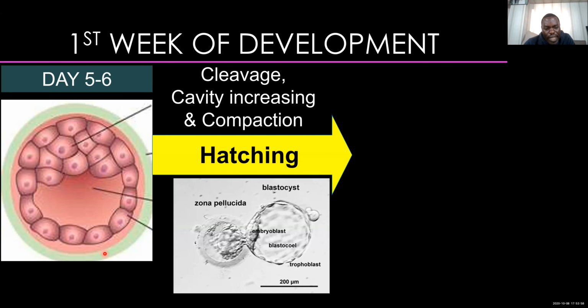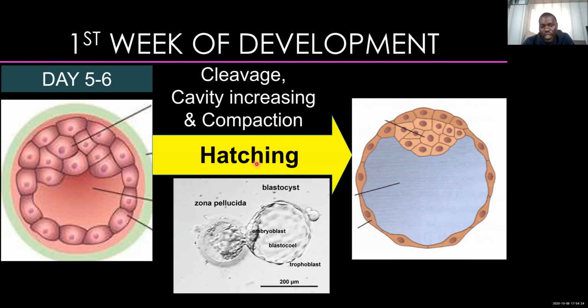And what happens next is that the blastocyst will come out through that defect. As you can see here, this is a small blastocyst, but it was fitting this whole mass. But there's a break there, so this whole mass is coming out in a process called hatching. Once the blastocyst has undergone hatching, it will then look like this.